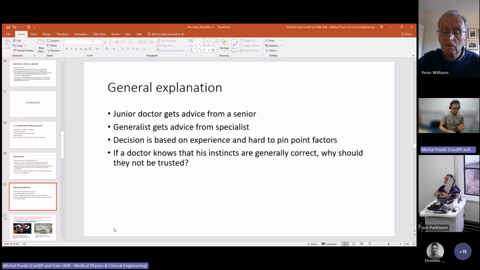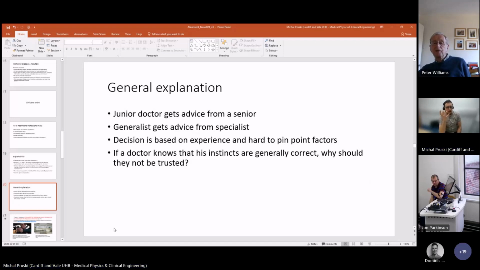And as to the level of explanation provided, if you think about a junior doctor or resident doctor, as I think the term recently changed, getting advice from a senior, like a consultant, or a generalist getting advice from a specialist, for example, from microbiology for which antibiotic to prescribe, there's a lot of opaqueness on the side of the resident doctor or the generalist as to why the specialist has made those decisions.